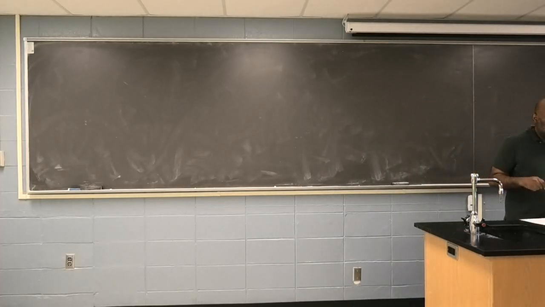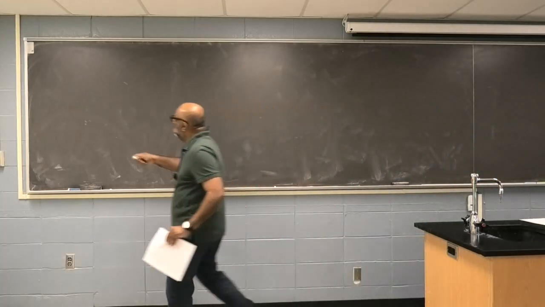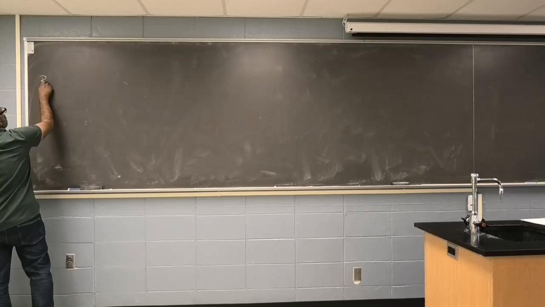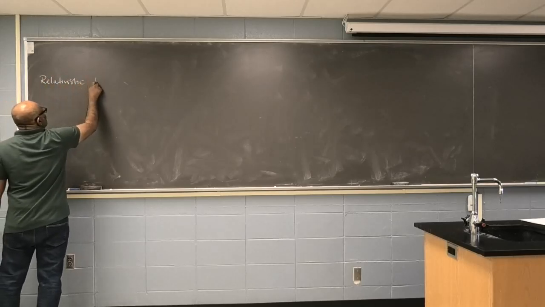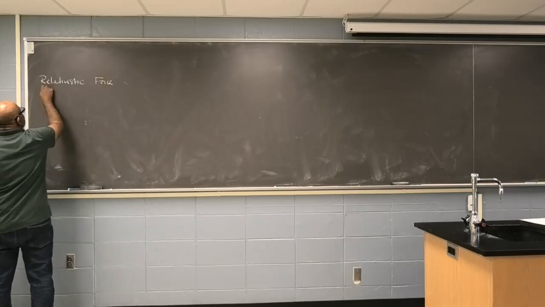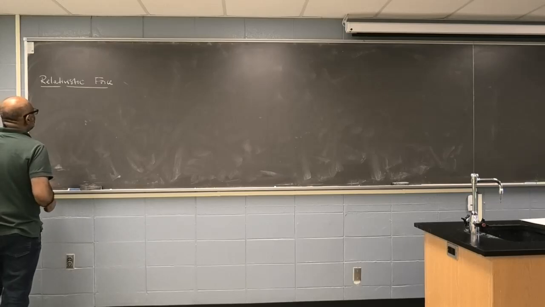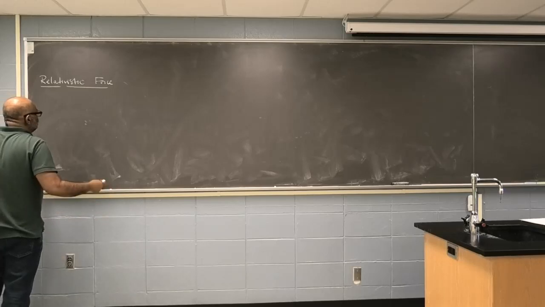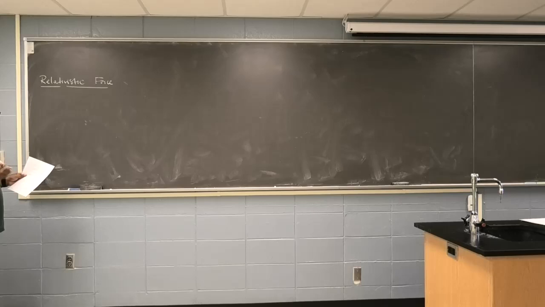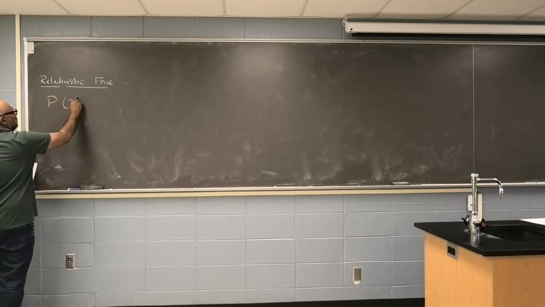Okay, so again, as promised, a little bit of modern physics. I don't know where I got this notation from, particularly when I talk about force, but little p is going to be the momentum you're familiar with, so I'll use a big P for momentum.